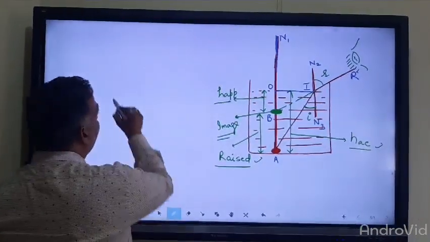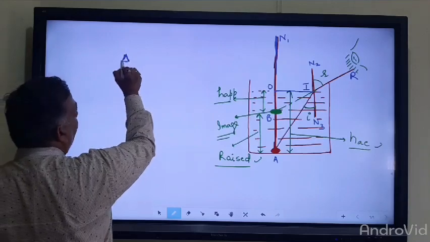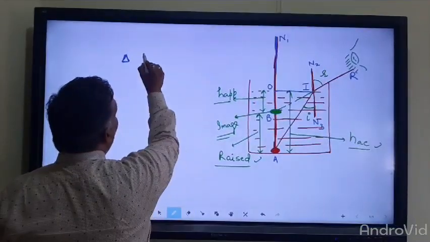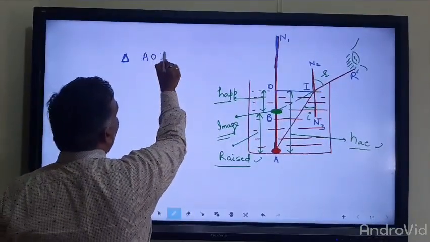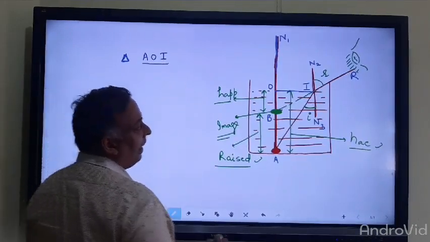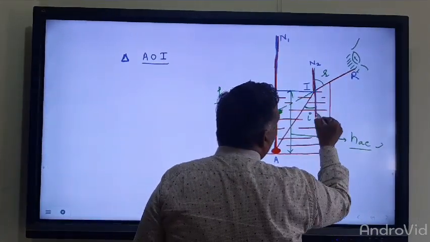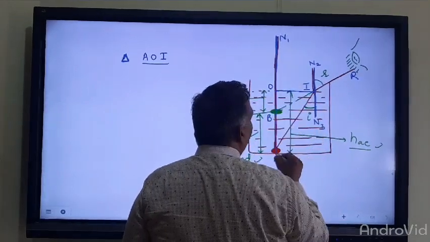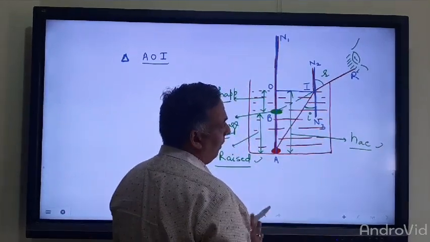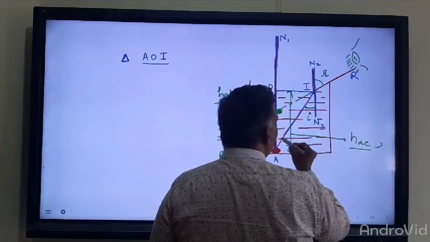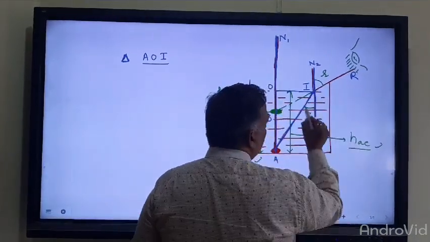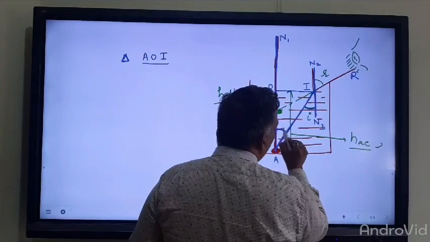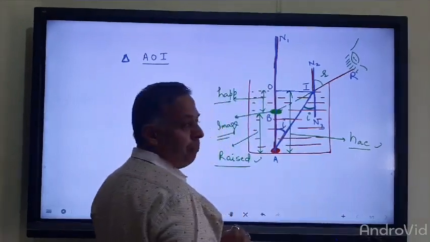Now, if I take another triangle, that's A, O, I. Here these are N1, N2, N3, and N1A are parallel, and the third, this ray, is cutting it. So this angle is i, so this angle also comes to be i.